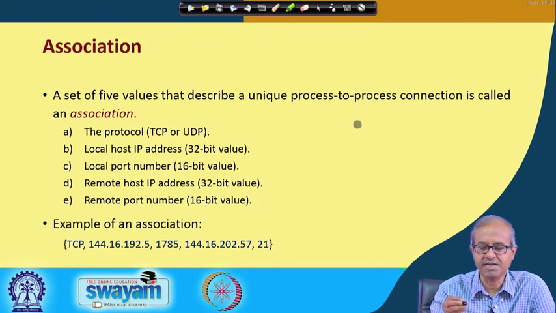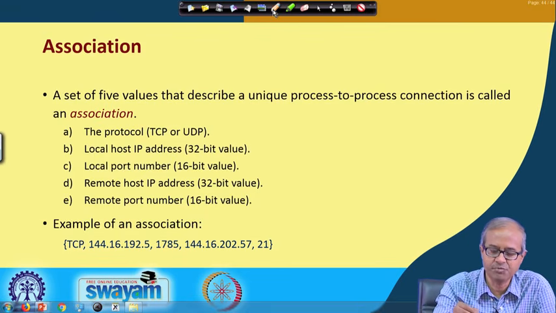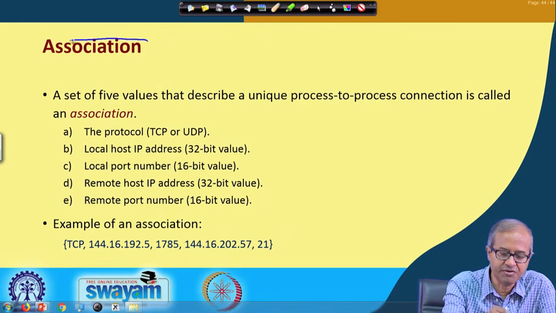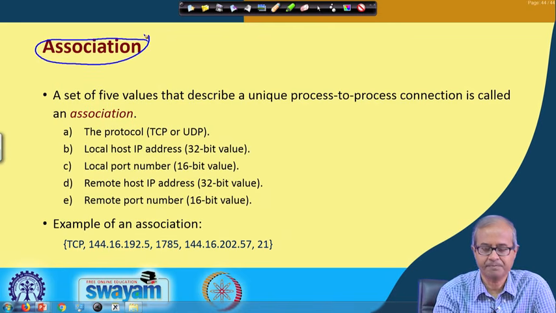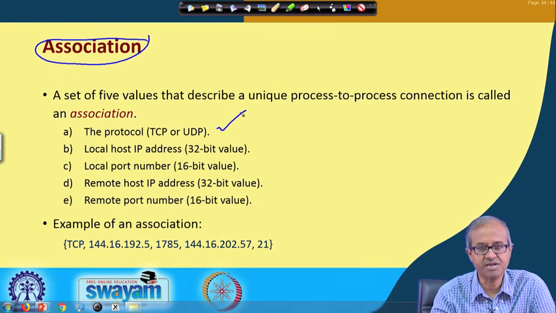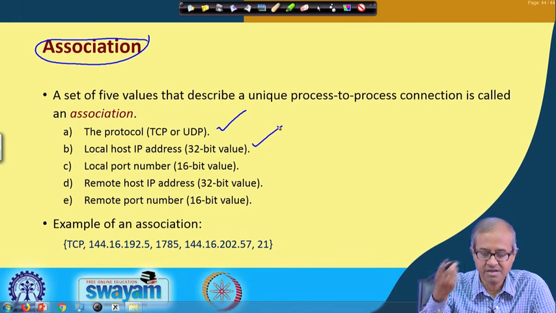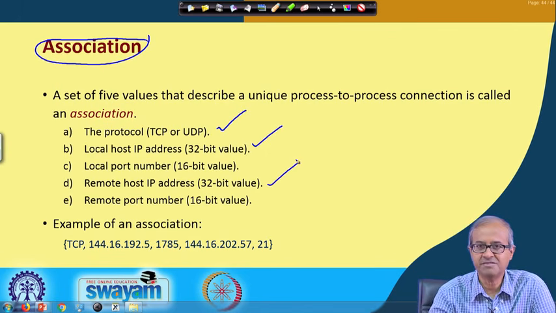This kind of information you are providing is sometimes referred to as an association. These 5 values are the protocol you are using, the local IP address, the remote IP address, the local port number, which can be an ephemeral port number, and the remote port number.